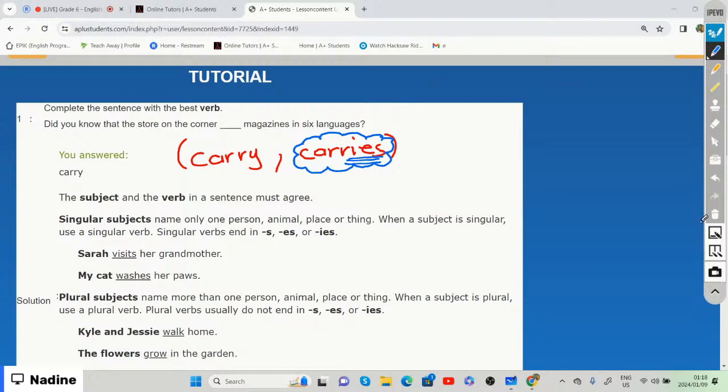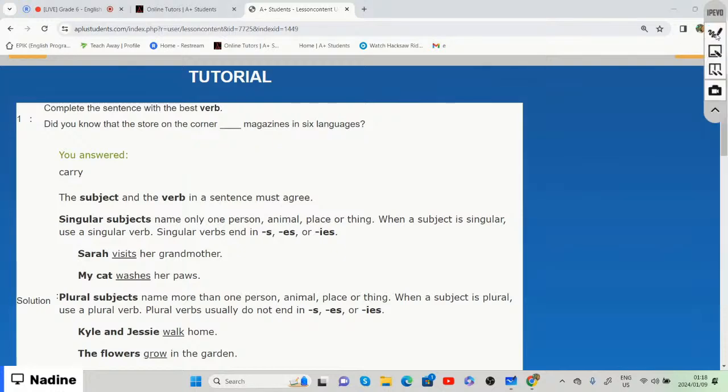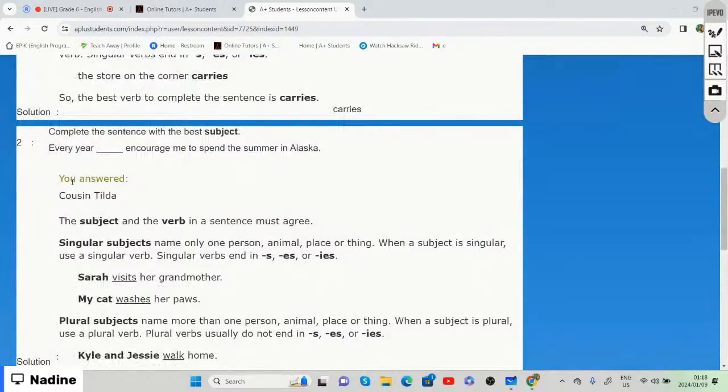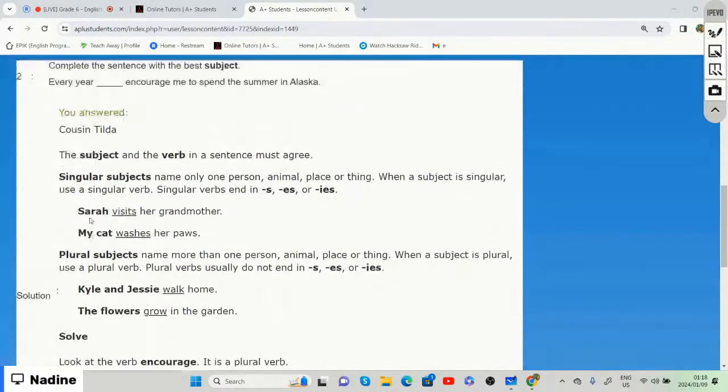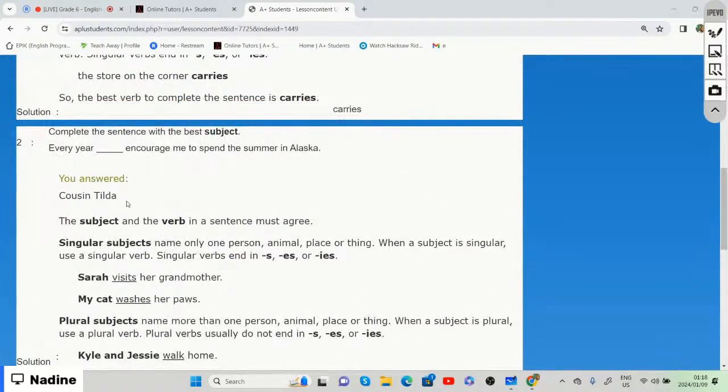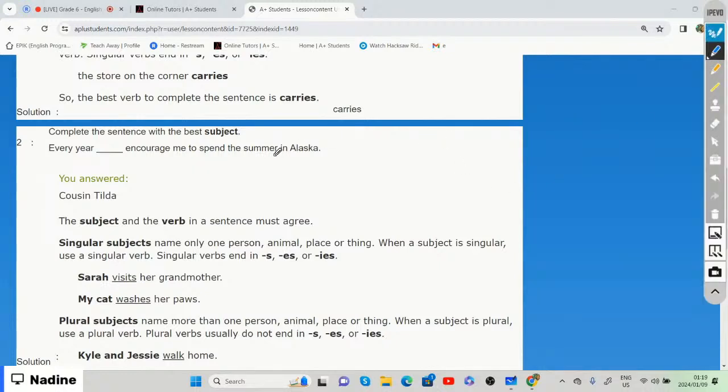Let's go to another example, another activity. Every year, it says, Cousin Tilda encouraged me to spend the summer in Alaska. So every year, Cousin Tilda encouraged me to spend the summer in Alaska.